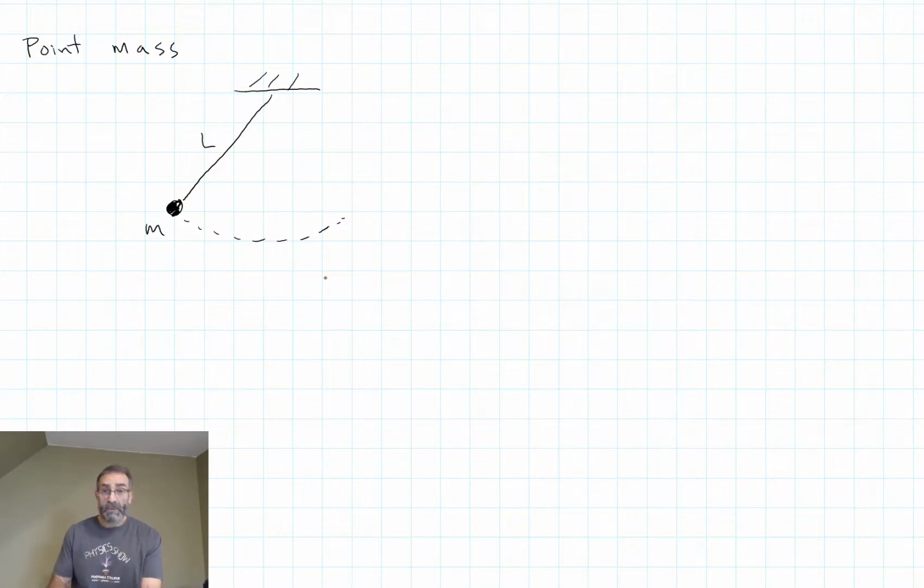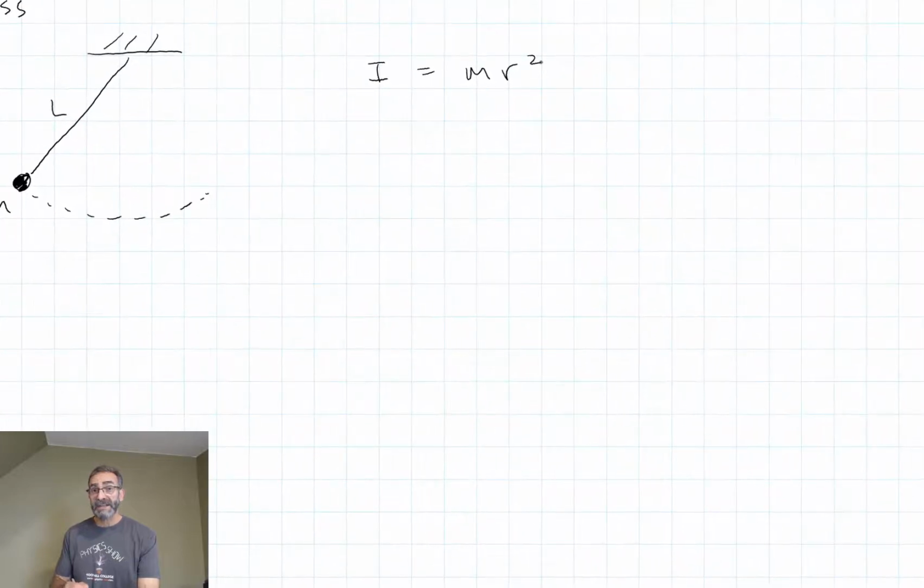We want to know what's the rotational inertia of this object as it swings back and forth like that. So this is a point mass. All the mass is in a tiny dot in a point at the end of the string. So it's just the mass times the distance to the axis of rotation squared.